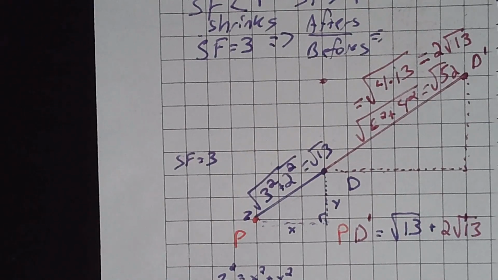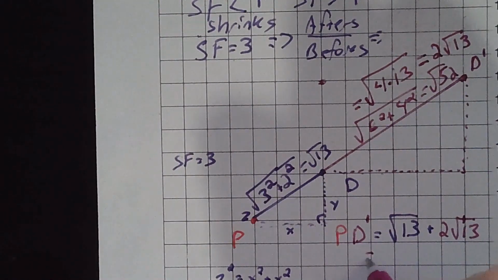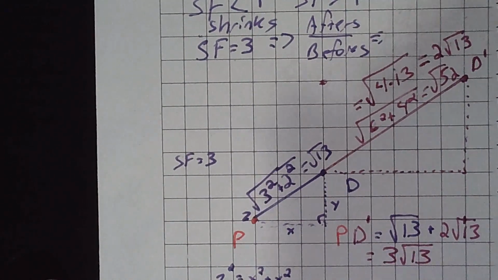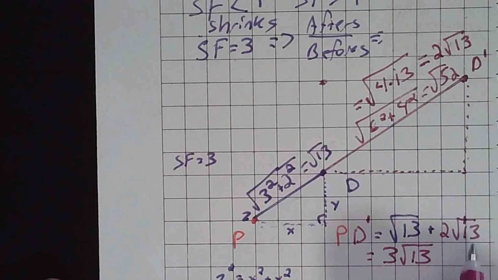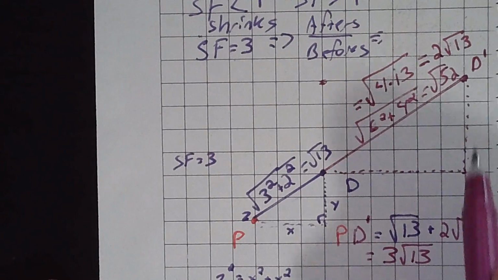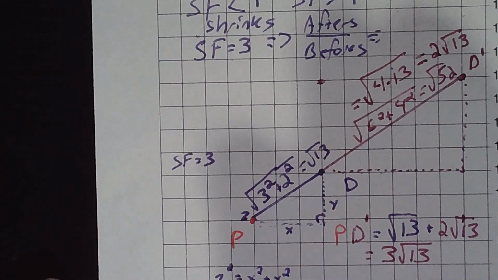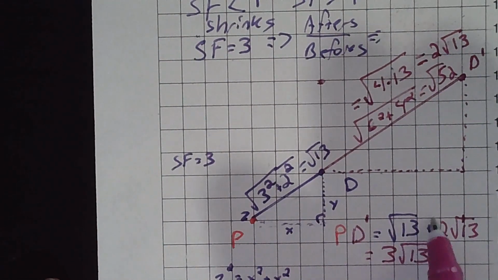So when you add this all together, it equals 3 square root of 13. You can check that math by using the Pythagorean theorem on this big triangle too. Let's see, this is 1, 2, 3, 4, 5, 6, 7, 8, 9.